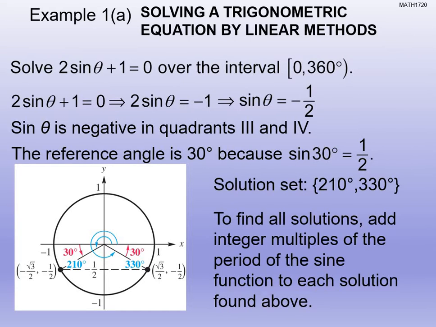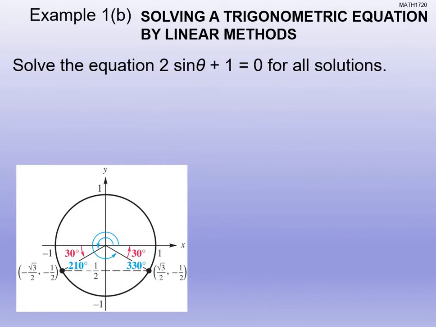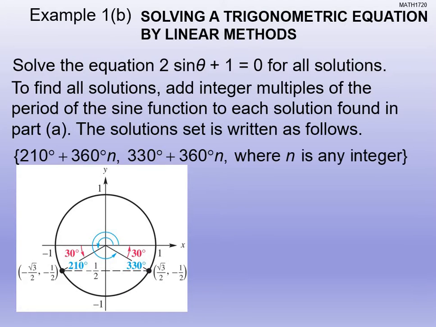So make sure on your homework assignment that you choose both angles in there that it asks for. If we want all solution sets, we have to write it in terms of 360n, because I can go around another 360, 360, 360.